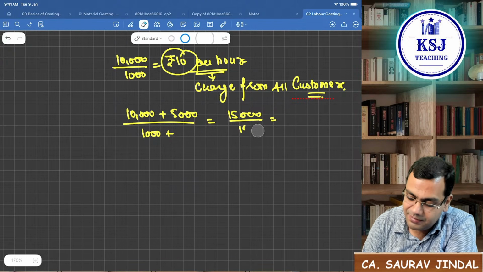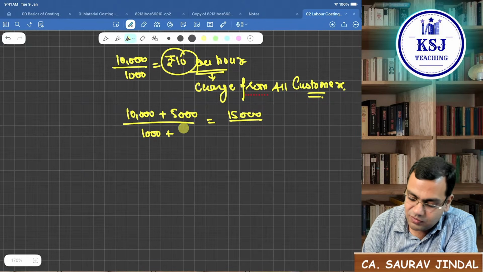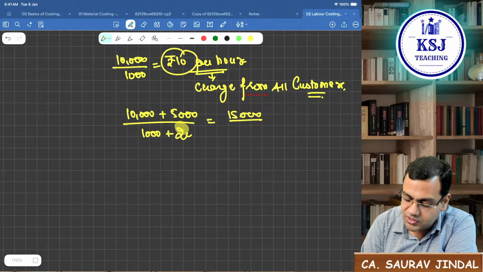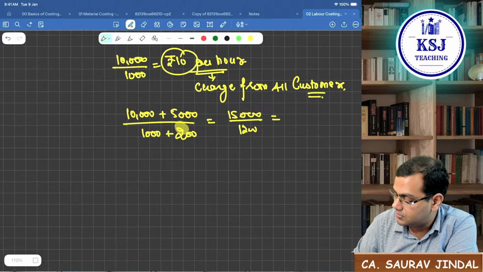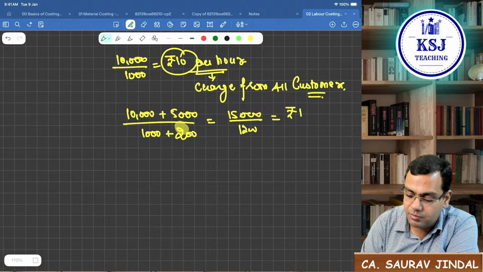Let's say the overtime is only 200 hours. So 15,000 you are paying for 1200 hours. So that will come to rupees 12.5.